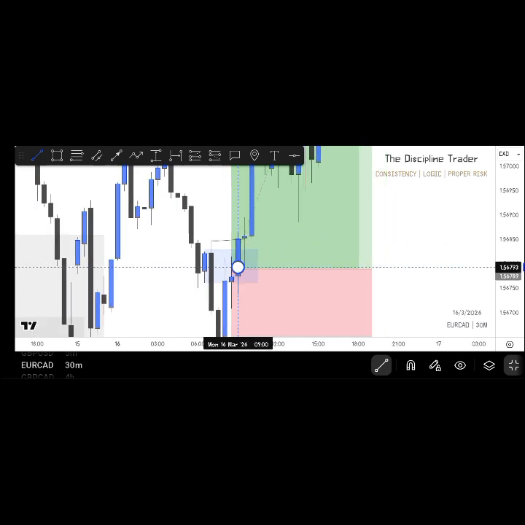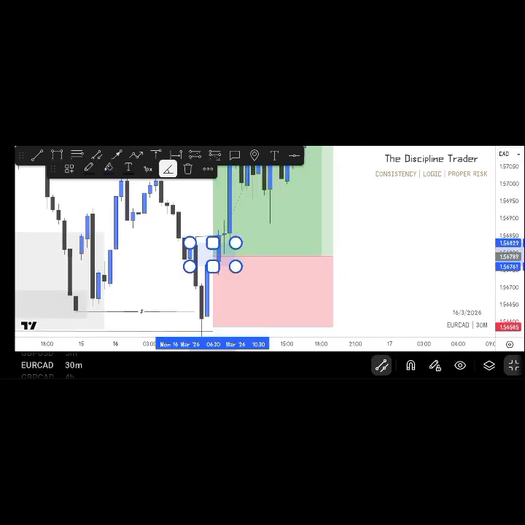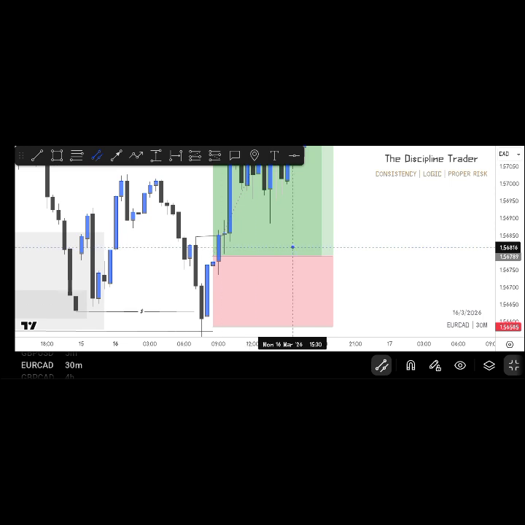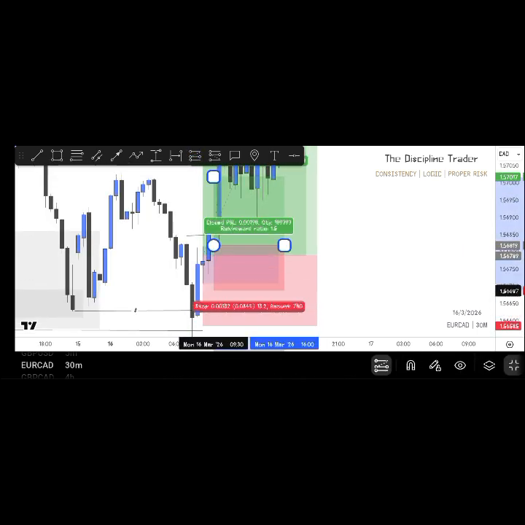So if I had been observing the 30 minute time frame, my entry would have been in this candle right here, and my stop loss would have been here.